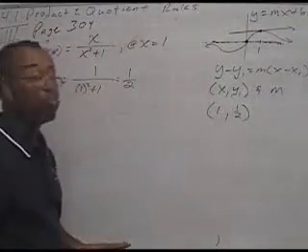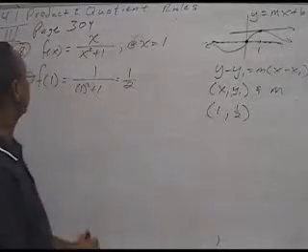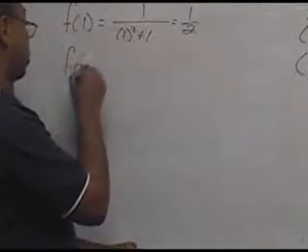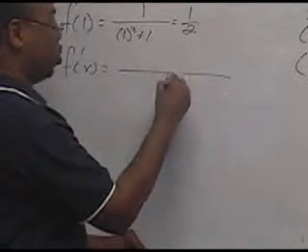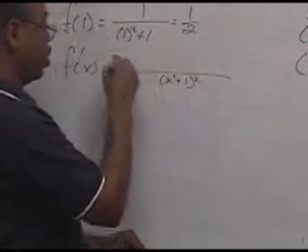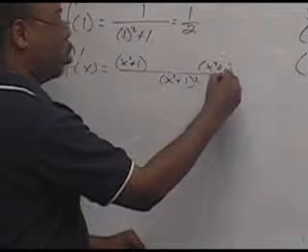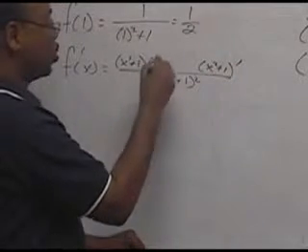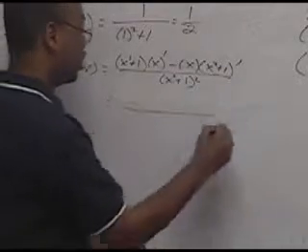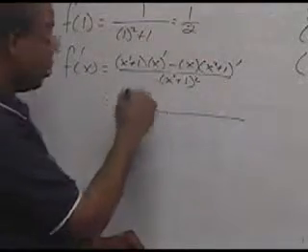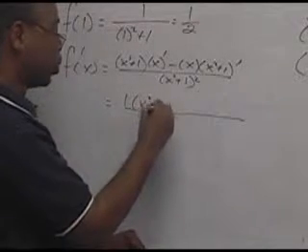Now to find the slope at x equals 1, we need to take the derivative of the function. So let's take a derivative here, and we're going to have x squared plus 1, all squared, x squared plus 1, and x squared plus 1 derivative. Here we'll have x derivative minus x. The derivative of x is 1, so it'll be 1 times x squared plus 1.